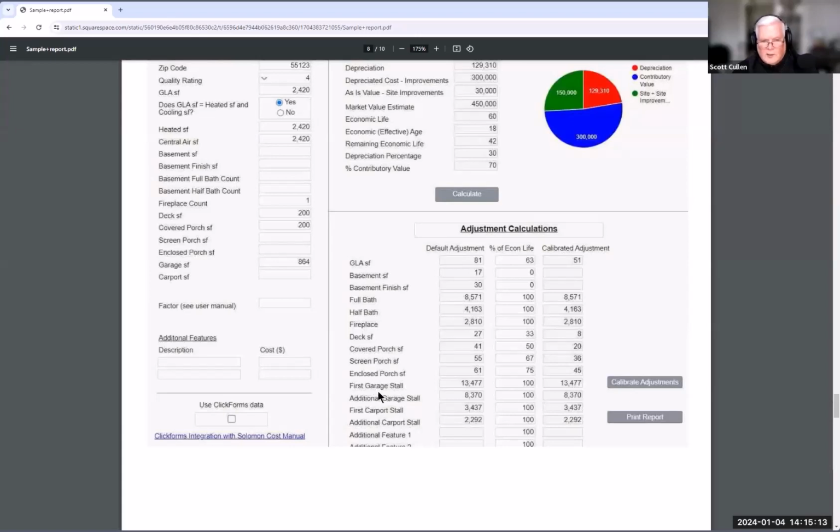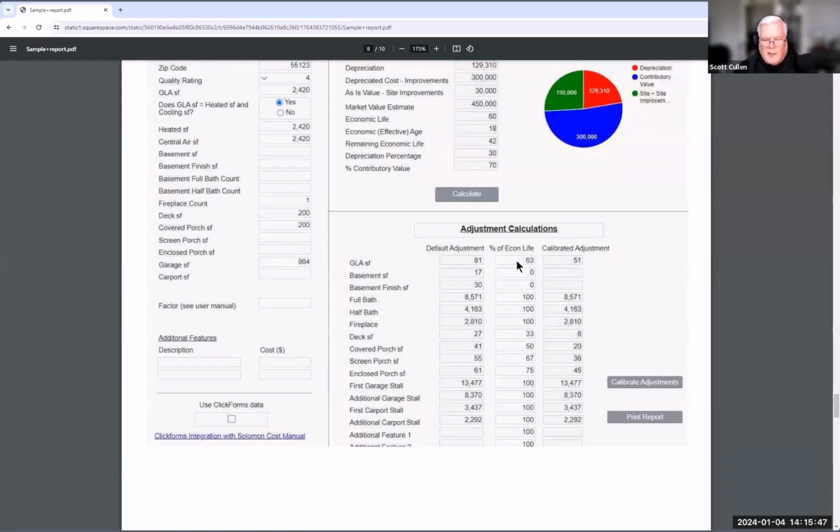Here's the garage stall, the additional garage stall. I don't think those depreciate any faster than the house as a whole. Same with the bathrooms. I think there could be a case made that the second fireplace might depreciate because of functional depreciation. And the GLA, that's an interesting category. We use a number to start out of 63% of the 60 years. And that's because GLA includes short-lived items like an asphalt shingle roof, which lasts 20 years.